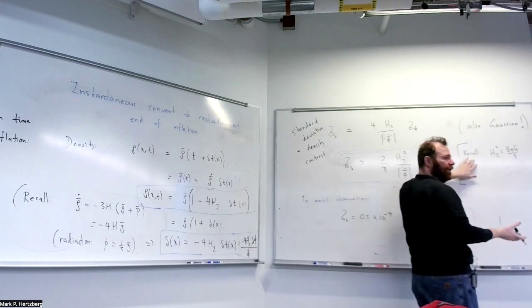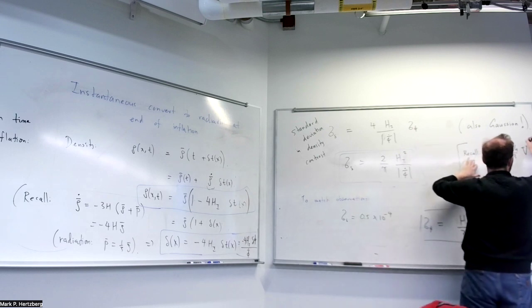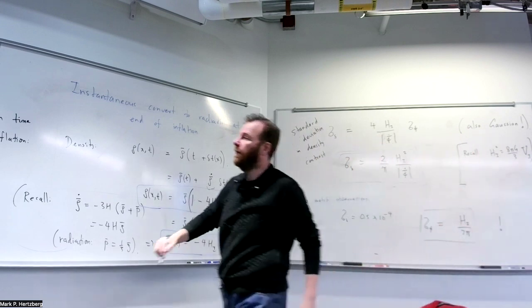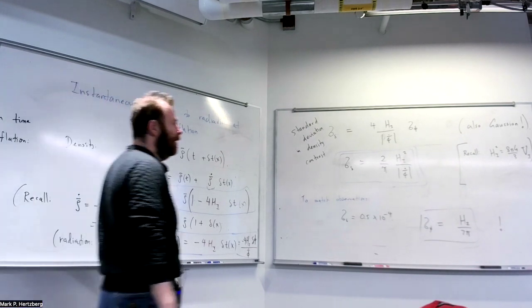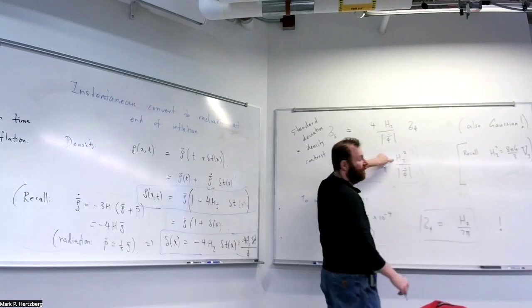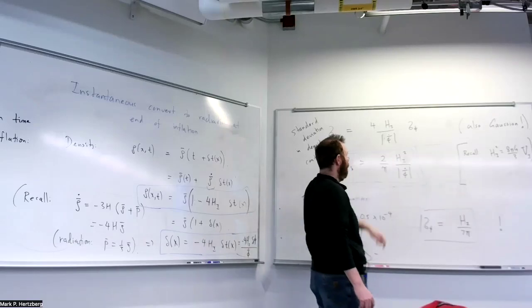And the energy density during inflation is almost all potential. So this is the potential V during inflation, the height of this potential. So up to some 8 pi G over 3, this numerator is just the height of the potential. That's what's controlling the numerator.